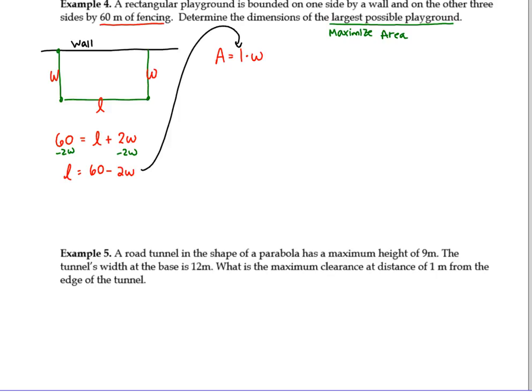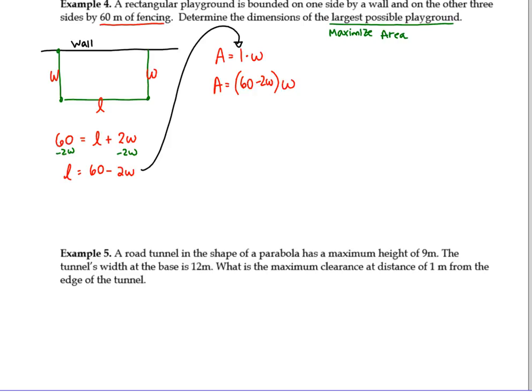So now we can replace it in our area. Area is length times width, and our length is 60 minus 2w times w. I'm going to get rid of that dot because it looks like a subtraction.